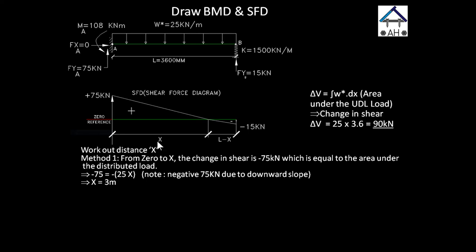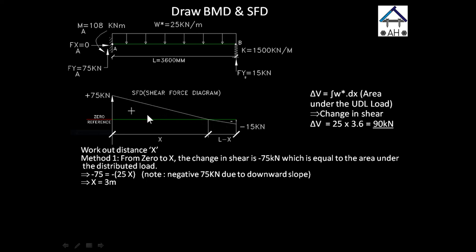Method one is the easier method. From zero, from that point here, to distance x, the change in shear is negative 75 kilonewton. Why is it negative? Because the slope is going downwards.